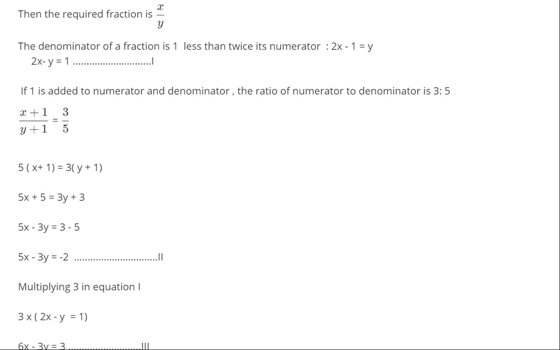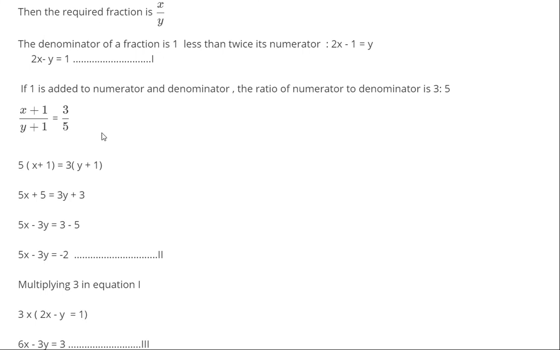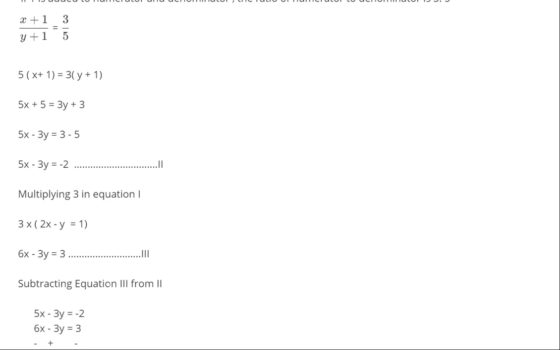Now if you notice equation 1 and equation 2, I can eliminate the variable y by simply multiplying equation 1 by 3. So I multiply the entire equation 1 by 3 and arrive at equation 3, that is 3 into 2 is 6x, 3 into y is 3y, and 3 into 1 is 3.